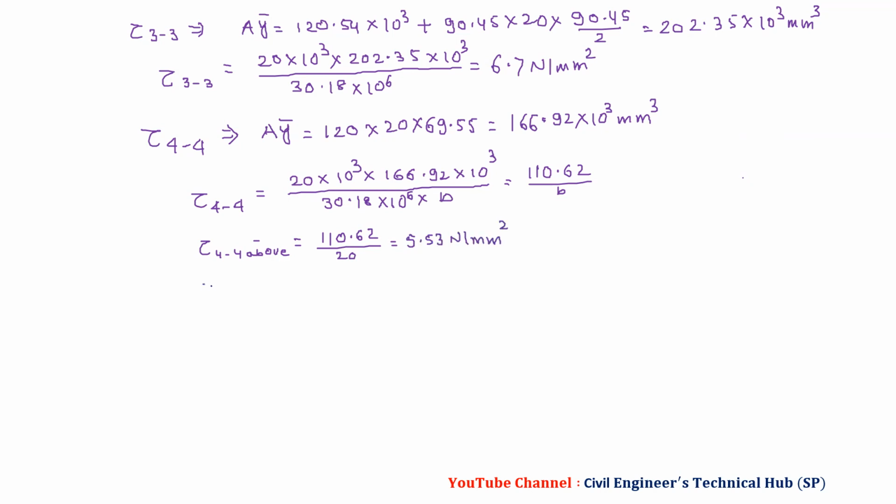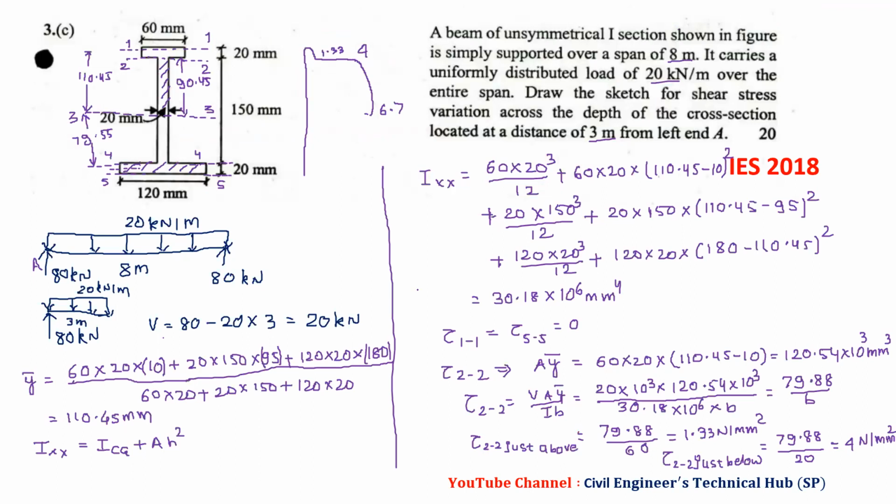And below this, 110.62 upon 100. Sorry, 120 we have. So 110.62 upon 120 comes 0.92. And then plot this. So 5.53.